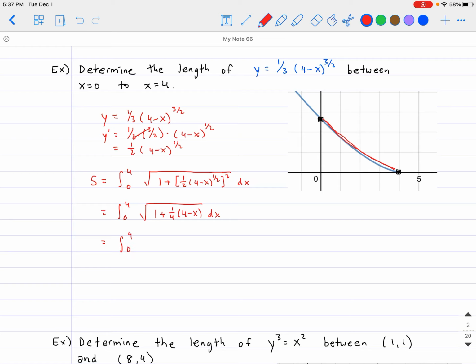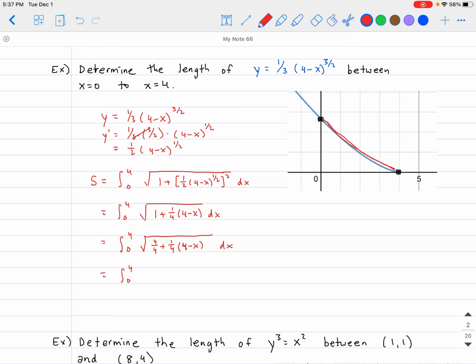From 0 to 4, I'm going to write the square root of, looks like it's going to be 5 plus, oh, actually, you know what? I don't want to skip any steps. Let's write out the whole thing just in case, okay? We're going to get a common denominator of 4 over 4 plus 1 over 4 times 4 minus x, and then we have dx.